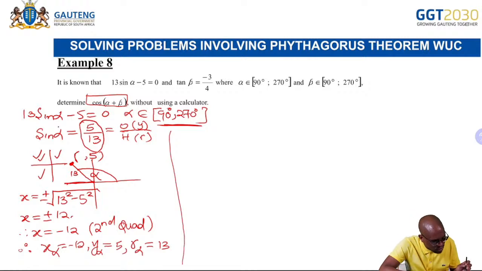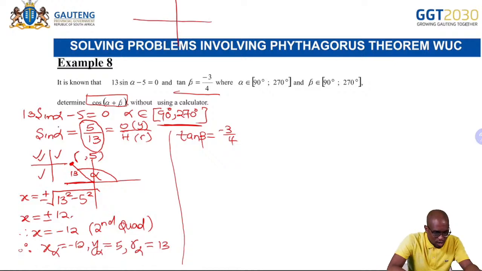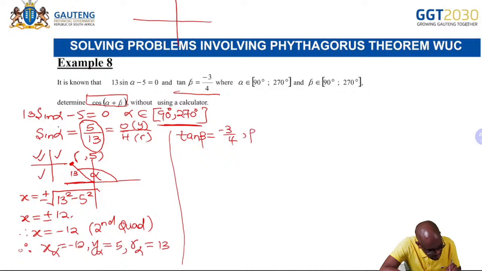Now it's time for us to analyze the second part. The tan beta is negative 3 over 4. Let's first locate the quadrant. Let me do it at the top here, where we also know that beta is an element of 90 and 270.